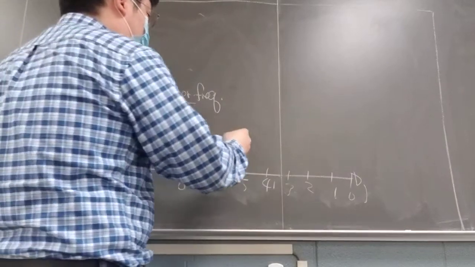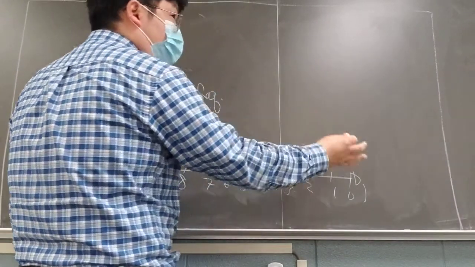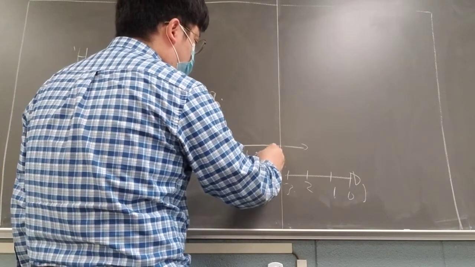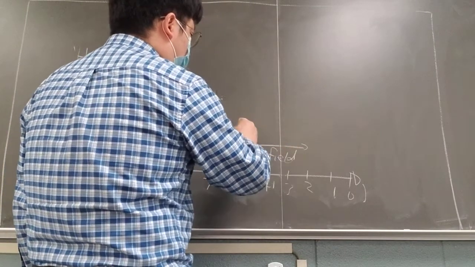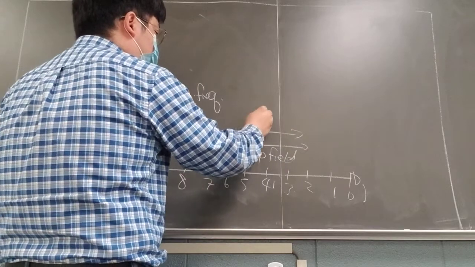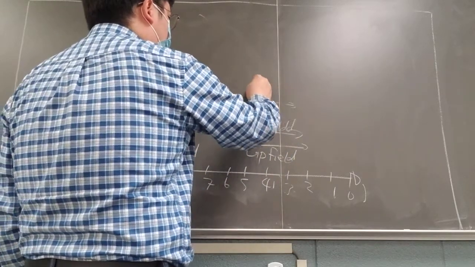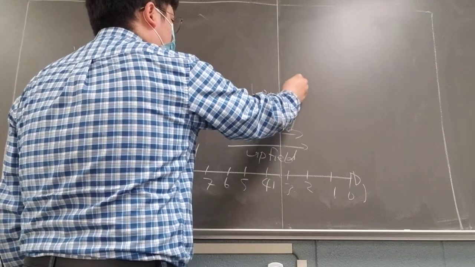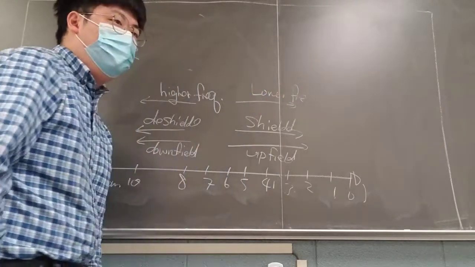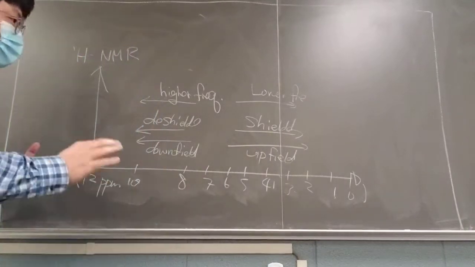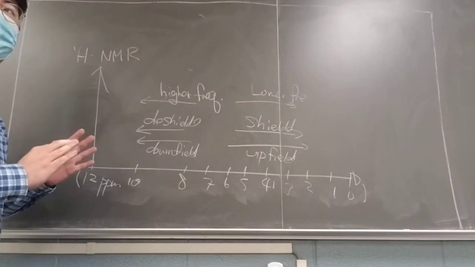So if you go the other side to the right, it's what we call upfield, and it means it's more shielded with electrons. The more shielded with electrons, the lower the frequency of radio waves to catch the signal. So just keep this in your mind.